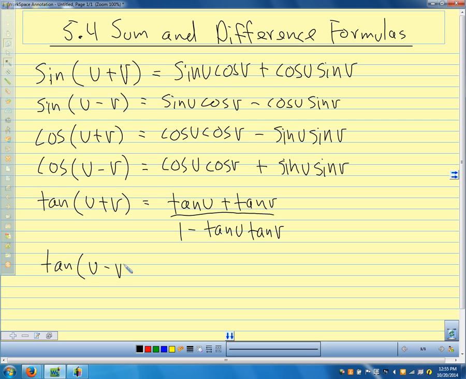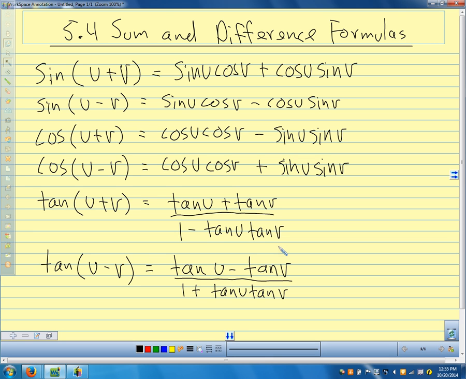And the tangent of u minus v equals tangent u minus tangent v over 1 plus tangent u tangent v. So these two I would write on the board for the test.